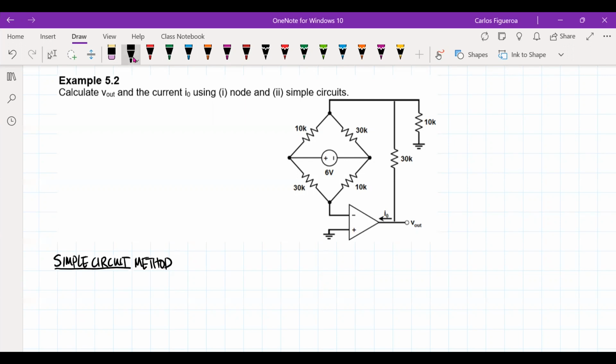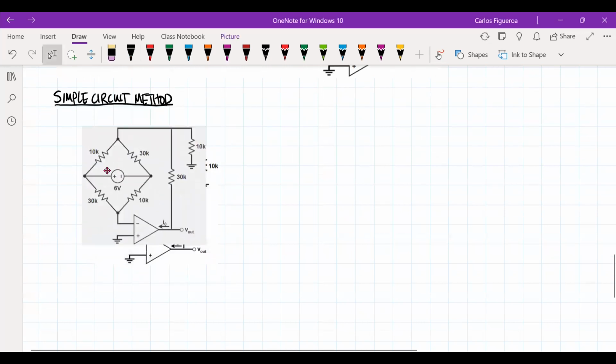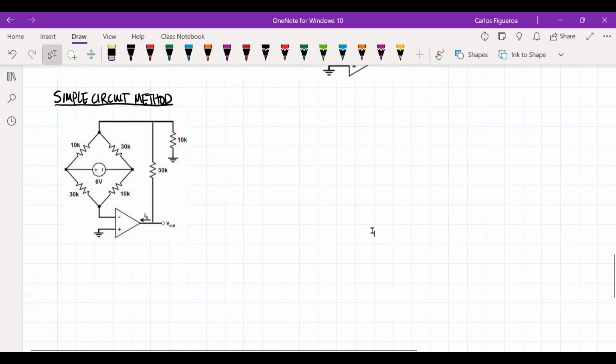The reason why I like this method is it seems very physical to me. So what I'm going to do here is hook this guy up to my circuit here. And one of the things that you see here, if I insert the circuit, this is a fairly complicated circuit.